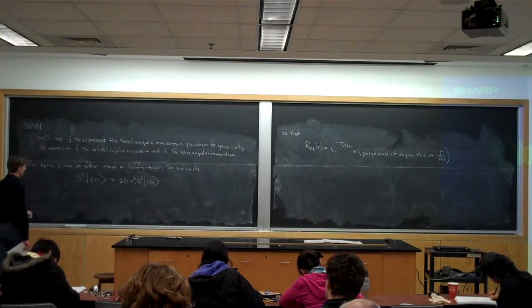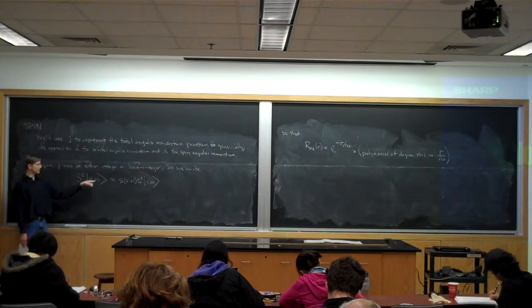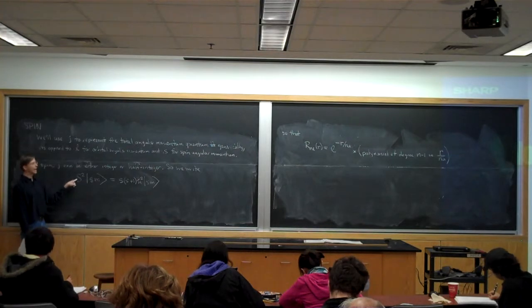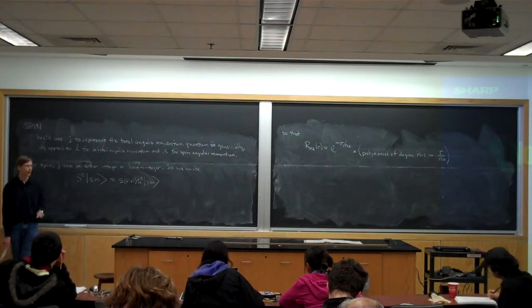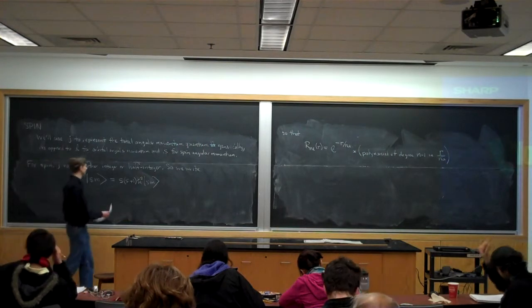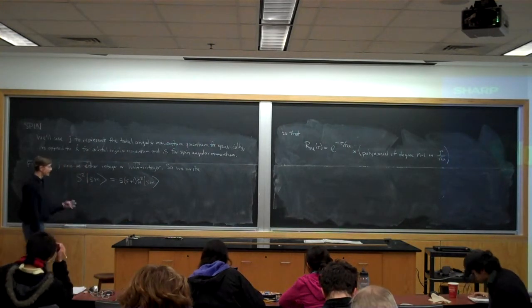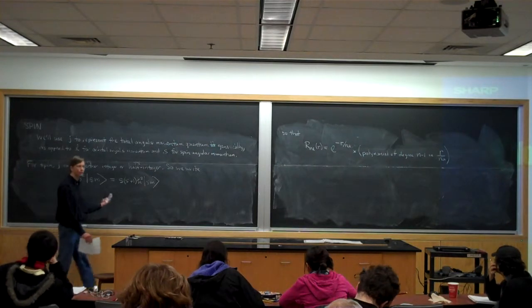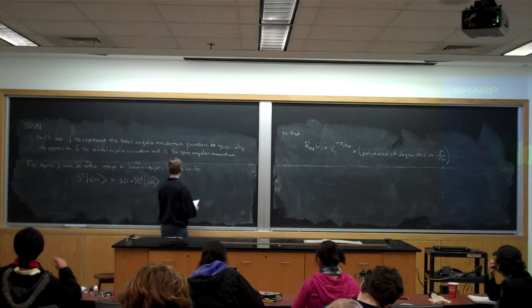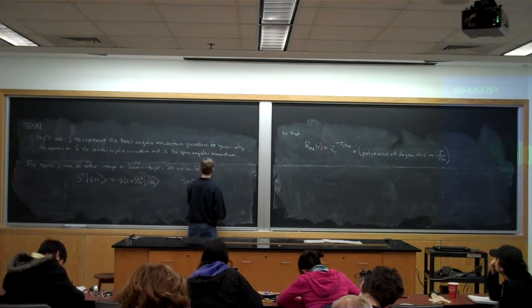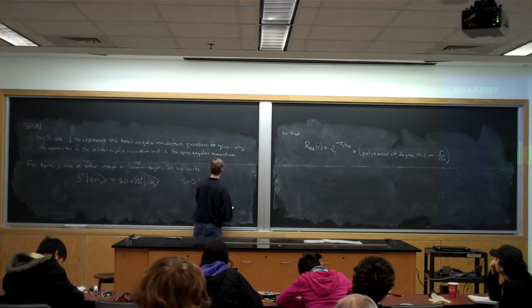In other words, the label s inside this ket represents the quantum number associated with the capital S squared operator, the total spin angular momentum squared operator. And it has eigenvalues s(s plus 1) h bar squared, just like orbital angular momentum has l(l plus 1) h bar squared. S can be 0, 1 half, 1, 3 halves, etc., etc.